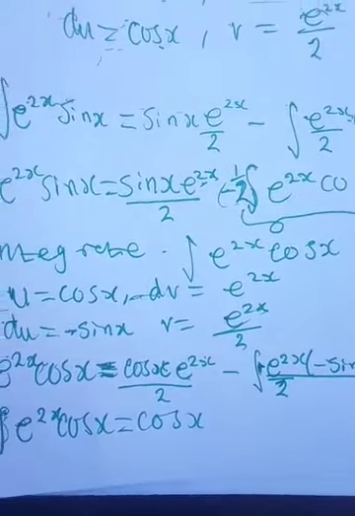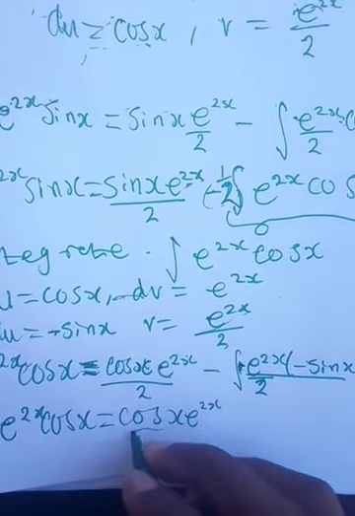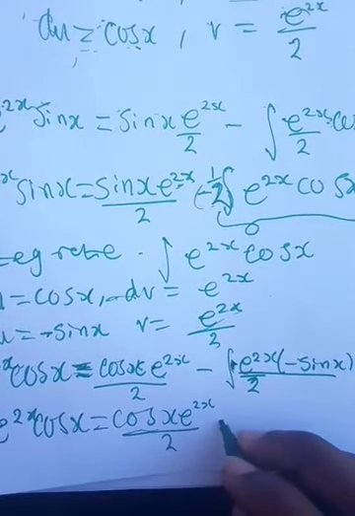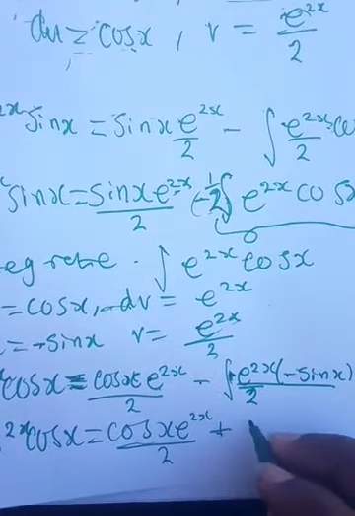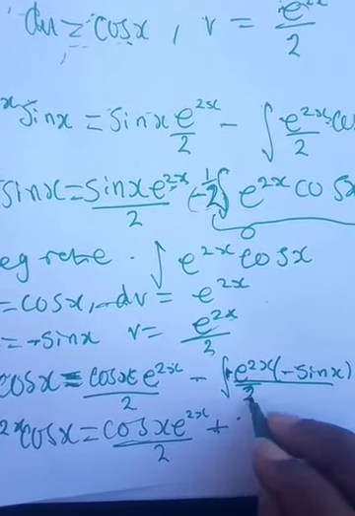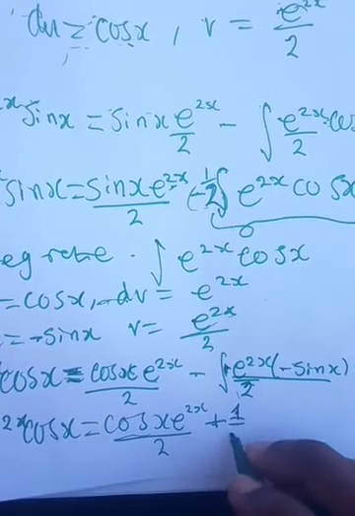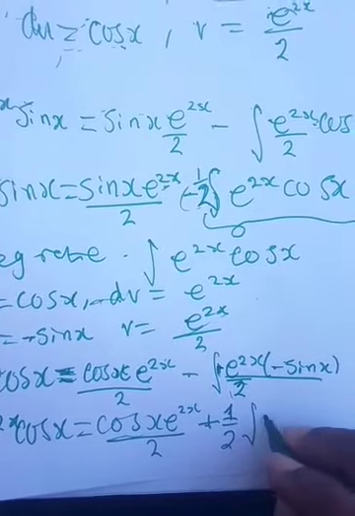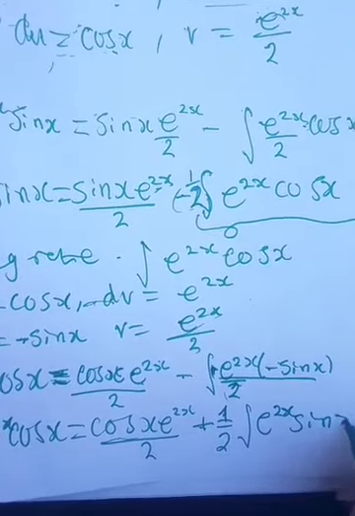Then we say e to x over 2, right? So this negative and this negative are going to give us a positive, they are going to cancel each other, and then this 2, I'm going to take it out. I'm going to write it as 1 over 2, so that I can just remain with e to x sine x. At least they look nicer.